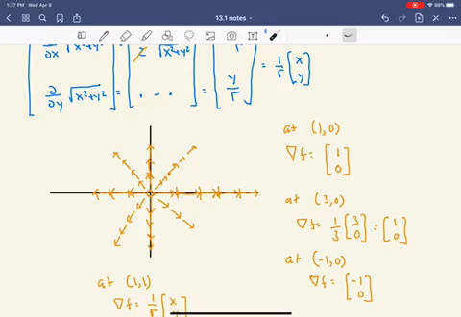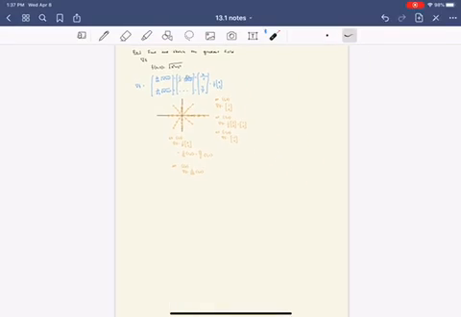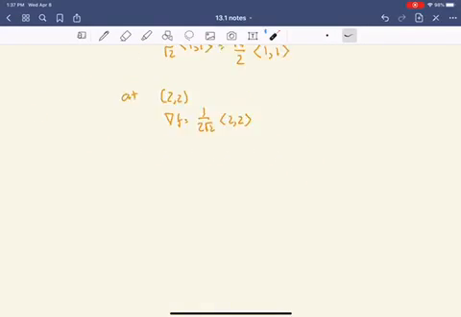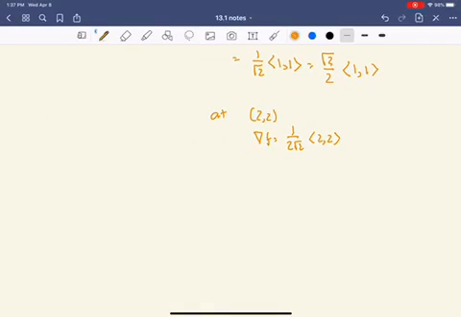I think I have another example. Let's pick one from the book. Let's draw the vector field.